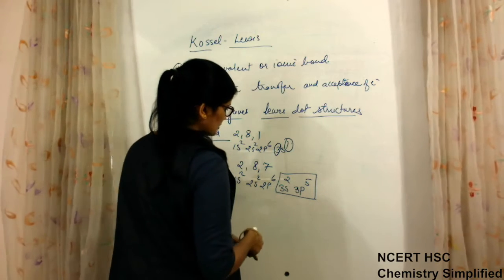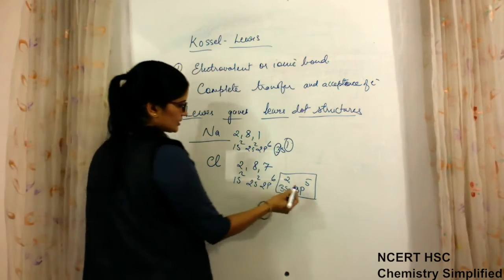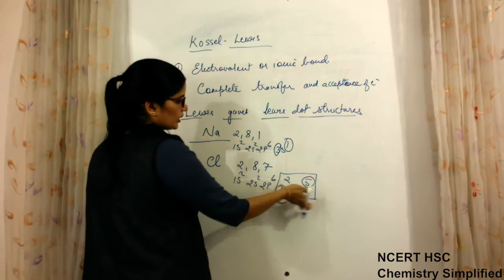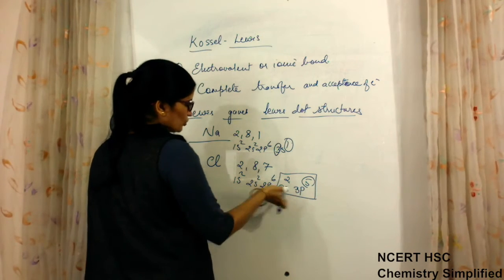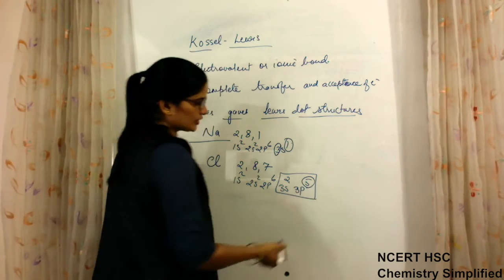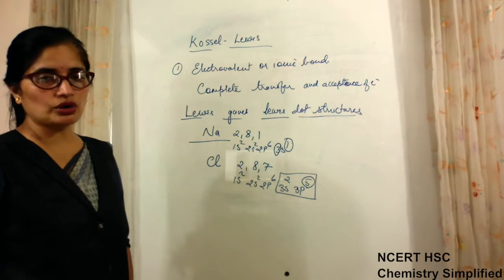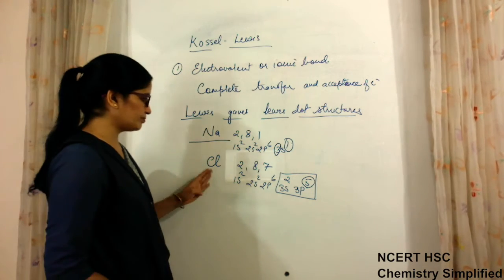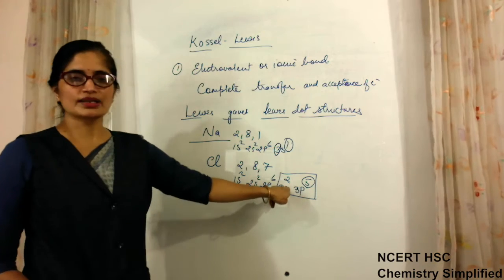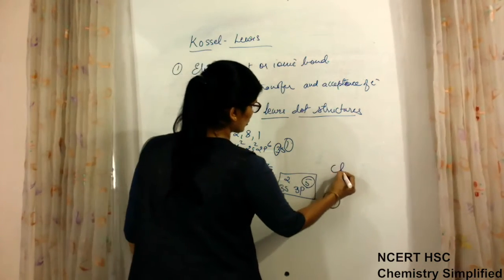So how many electrons are there? 5 plus 2, 7. A general mistake is that, according to the new system of filling of electrons, we see 5 electrons and make 5 electrons in the Lewis structure, but it should be 5 plus 2, 7. So remember this. Chlorine will have 7 electrons.